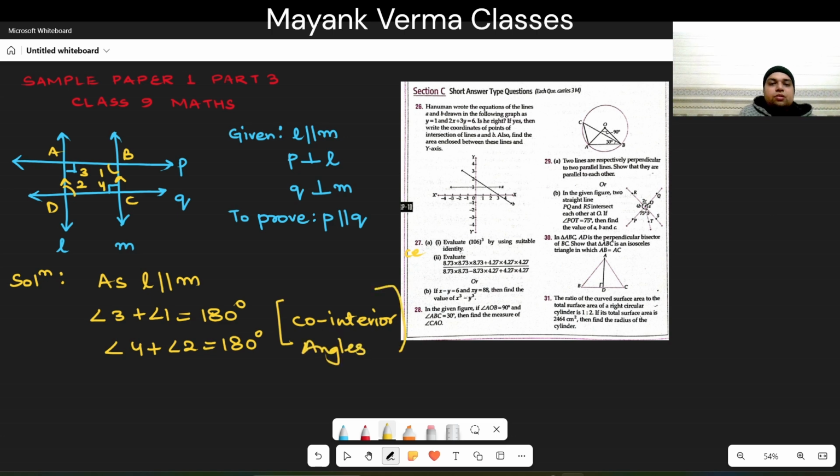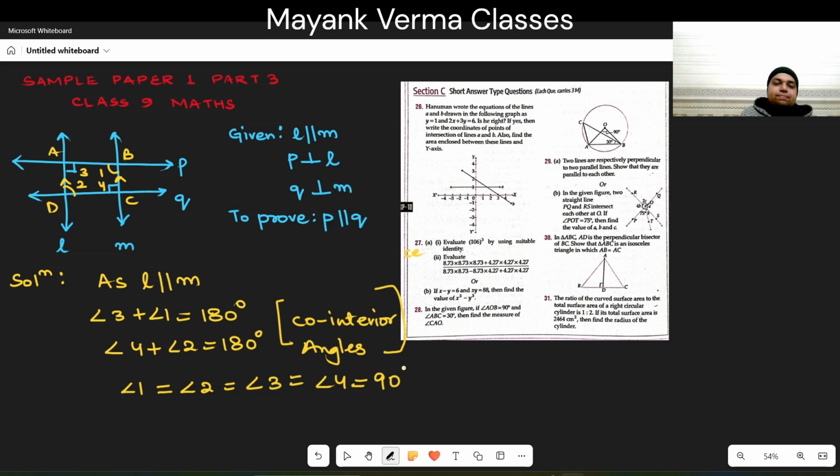Now, we know that angle 3 is 90 degrees and angle 4 is 90 degrees, right? So, can I say that angle 1 is equal to 90 degrees? Or you can directly say that angle 1 is equal to angle 2 is equal to angle 3 is equal to angle 4, all will be 90 degrees. Okay.